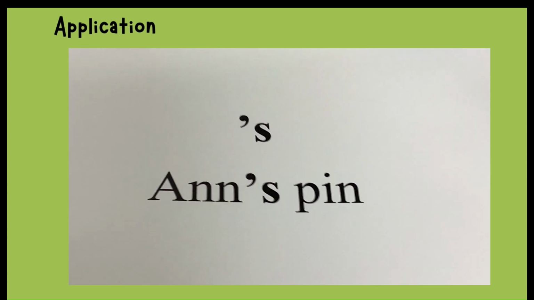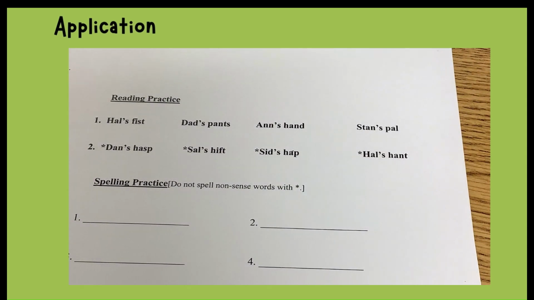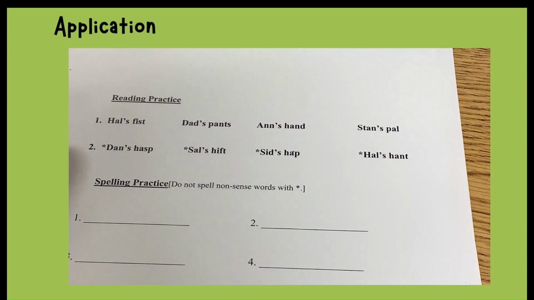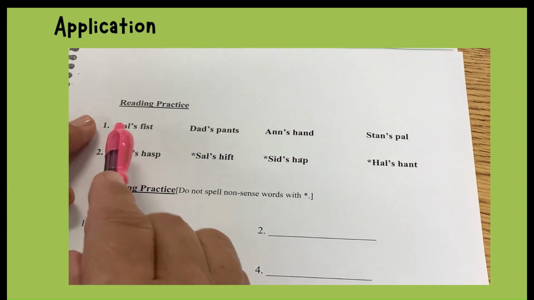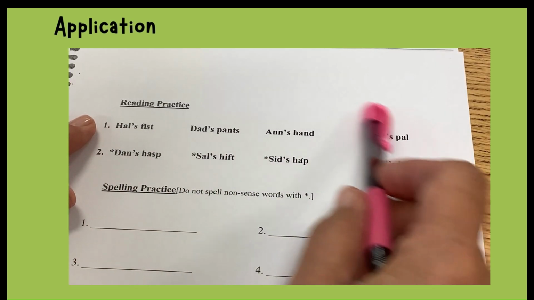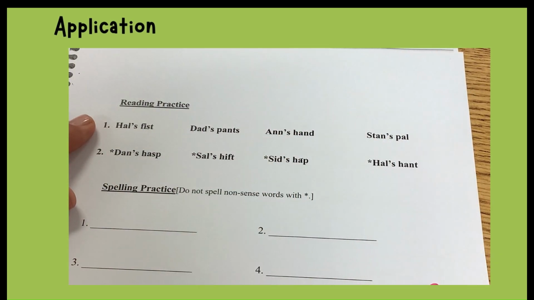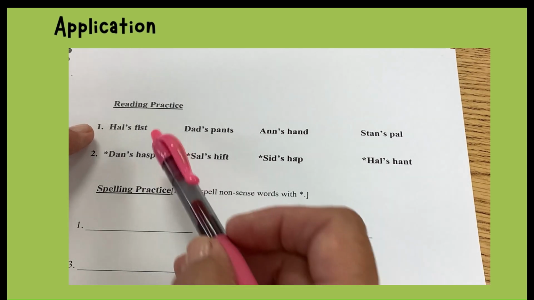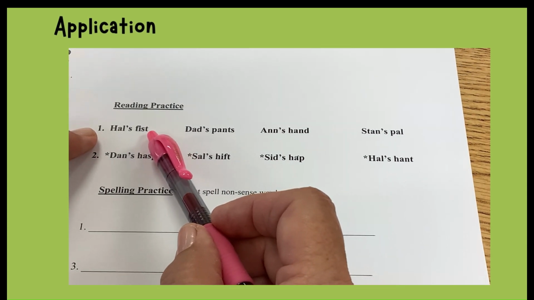So we're going to be working with that today in our reading. We're going to just read line number 1 here. If you want this PDF, this worksheet, you can find how to get to it in the description below the video.